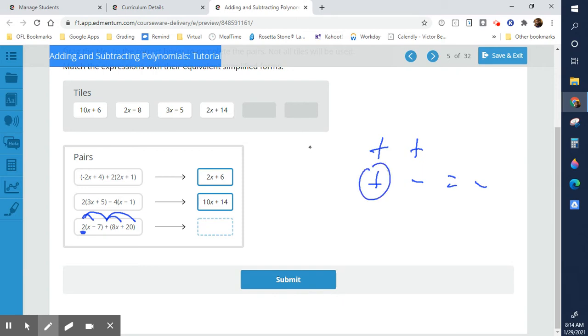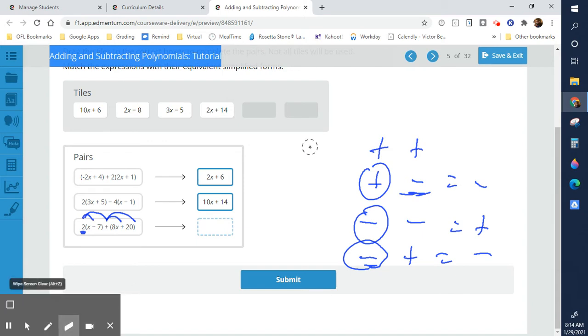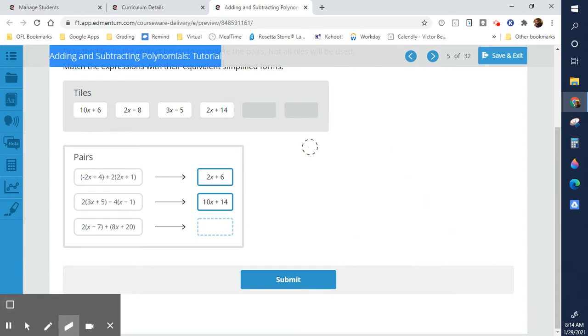This plus left this the same. This negative changed it. This negative changed it. So negative numbers cause the change. It's not a matter of the same numbers are always positive and different numbers are negative. It's that negative changes things.